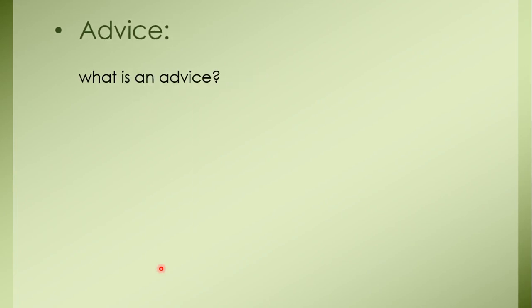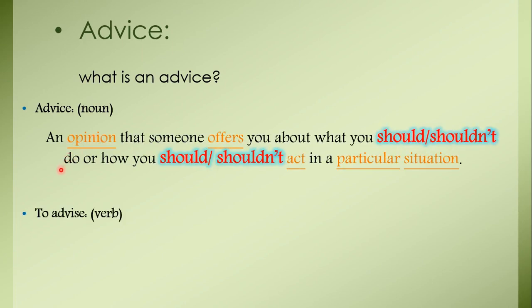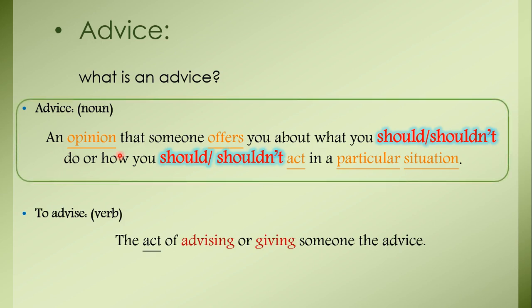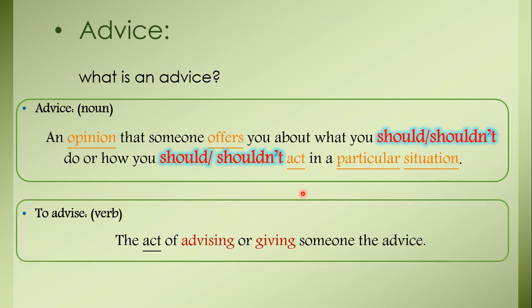Let's see what advice means. Advice as a noun is an opinion that someone offers you about what you should or should not do, or how you should or should not act in a particular situation. The verb is to advise.